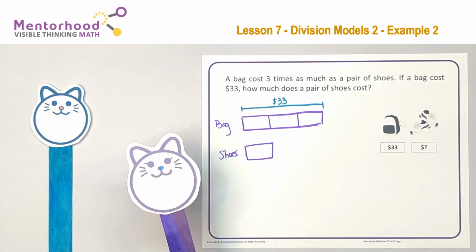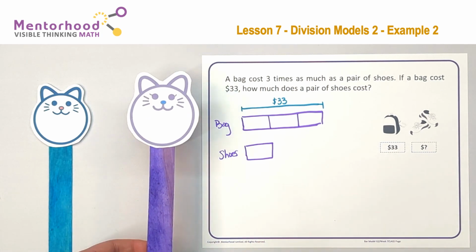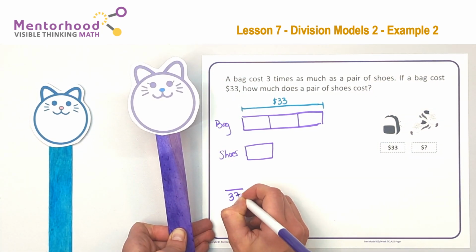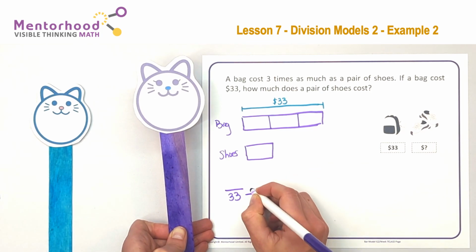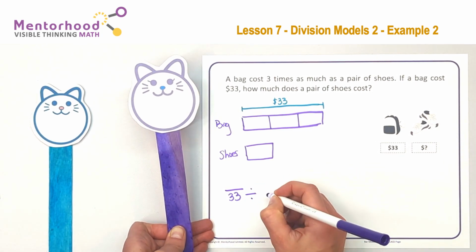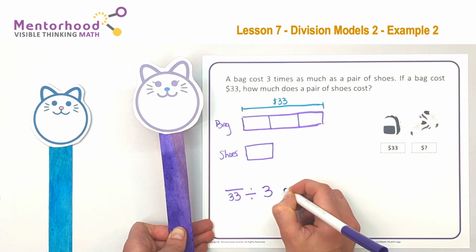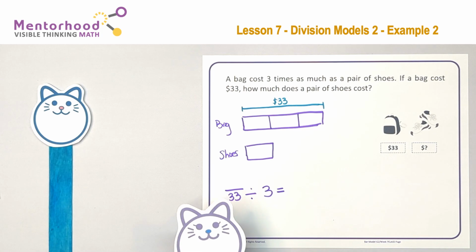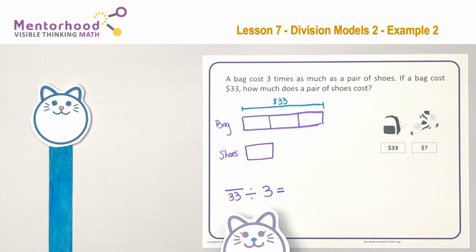I think there was a division sentence in there. I'm going to take my total, 33, and divide it into 3 sections to get my answer. Okay, and this will be my number sentence.